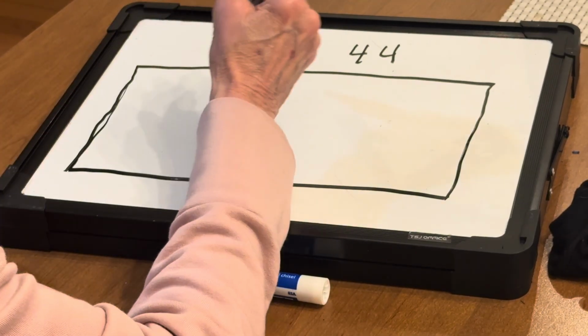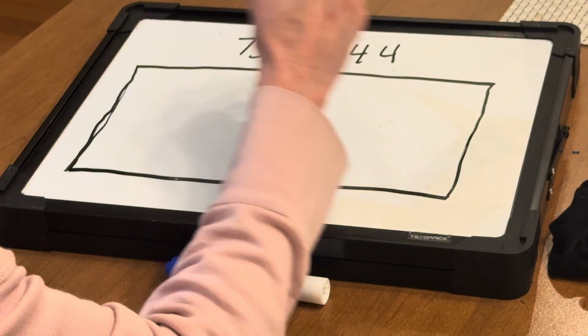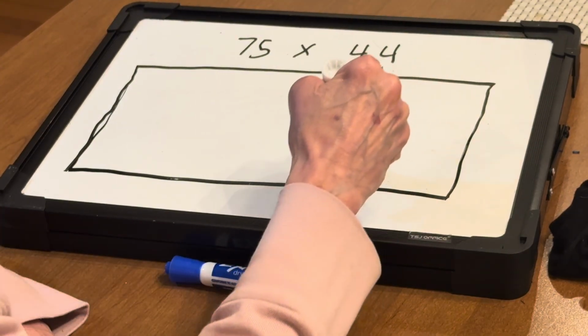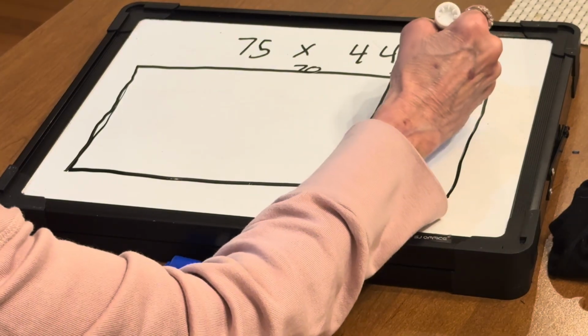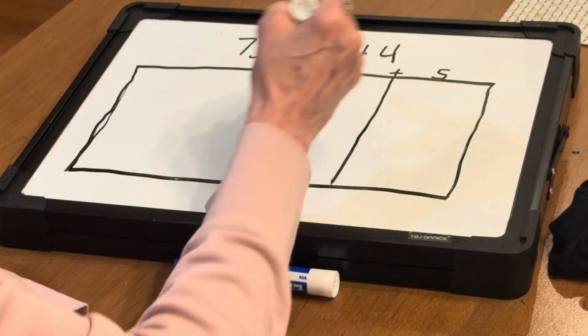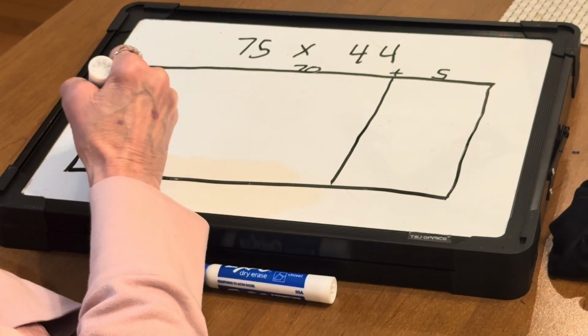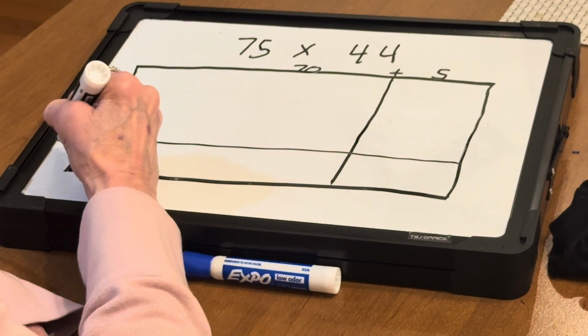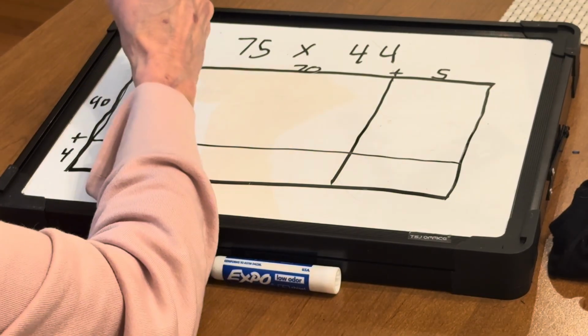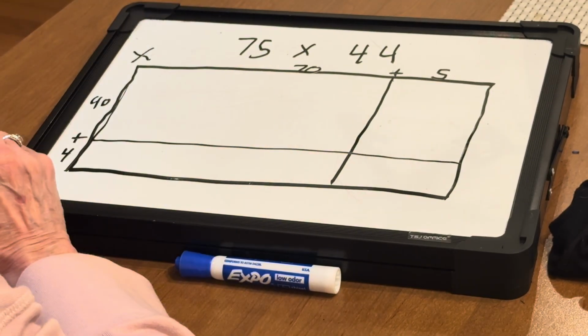Going to separate the 70 and the 5 into 70 plus 5. So I have 70 plus 5. And then what am I going to do over here? I'm going to separate this into 40 plus 4. Put my multiplication sign up there to let me know what I'm doing.